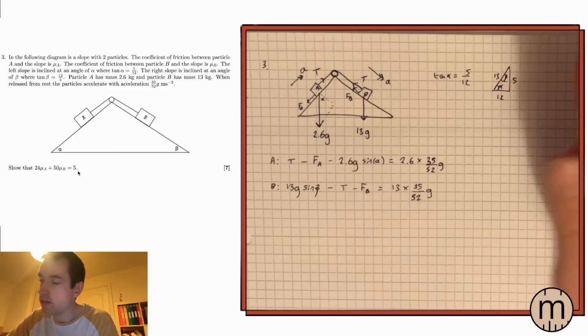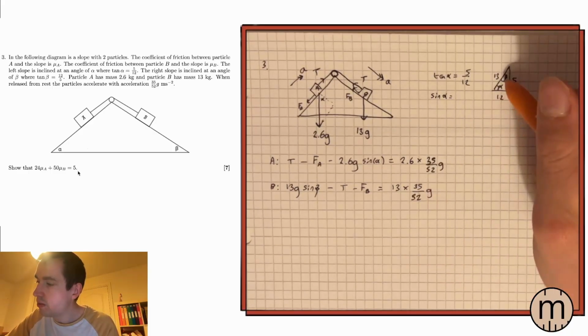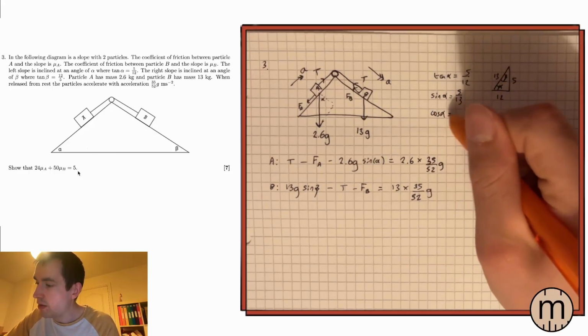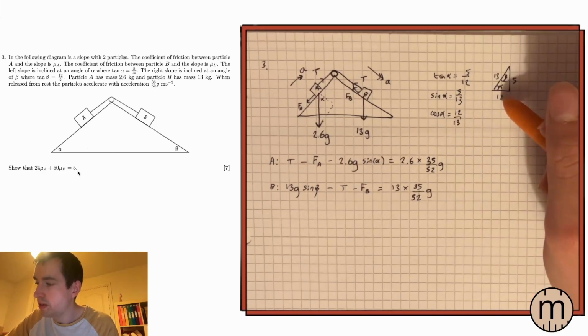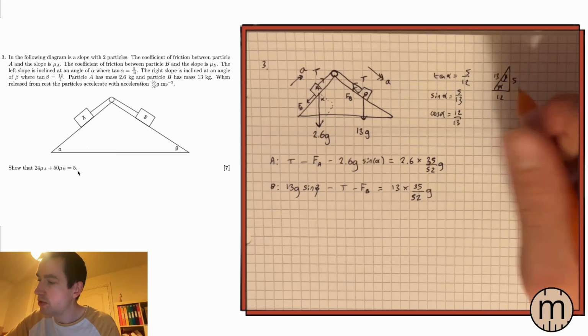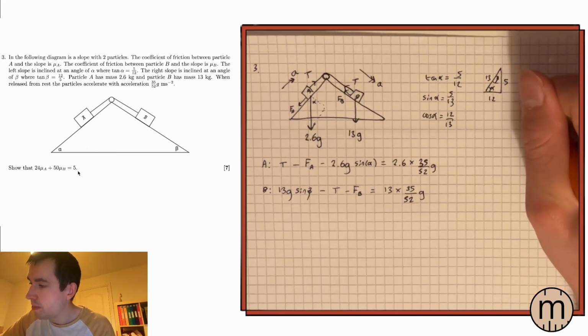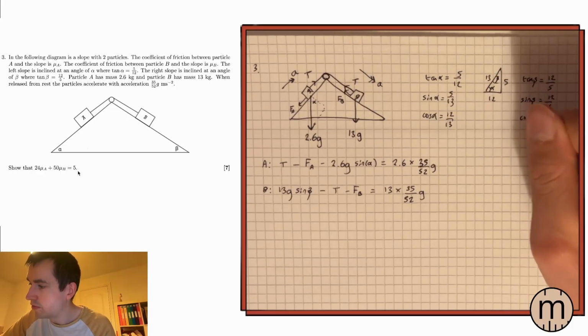So 13 is still going to be part of it. From this, we can find what sine of alpha is, which is going to be 5 over 13. And I don't know if we'll need it, but cos of alpha is also found by doing adjacent over hypotenuse in the same triangle. We can then also find what tan of beta, sine of beta, and cos of beta are as well.